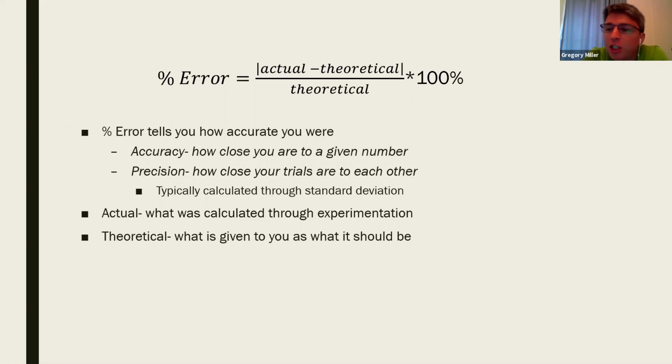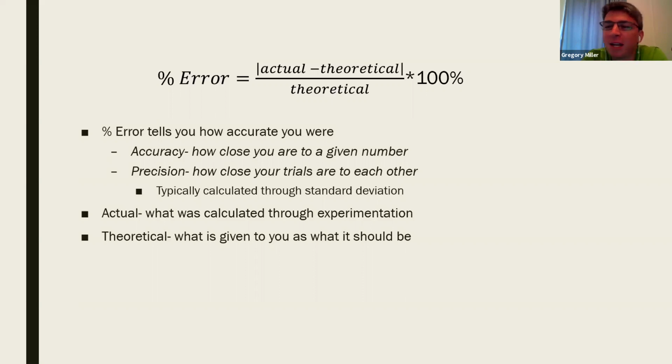Usually, especially for lab experiments, the instructor or the stockroom, whoever's providing the solution, knows the concentration they made. And so in your post-lab questions, you'll be told what that concentration was and figure out how accurate you were doing the experiment.